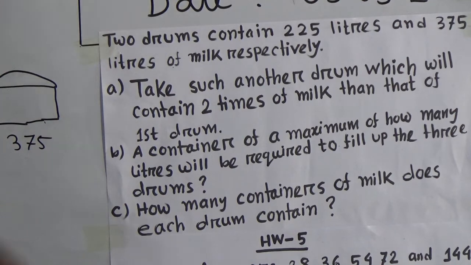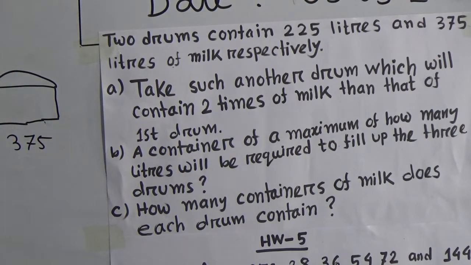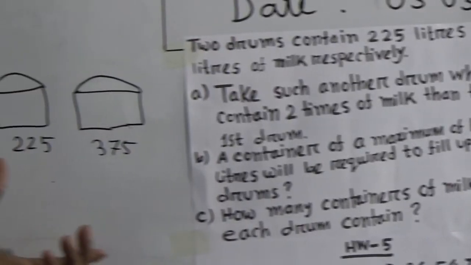Student, in the stem we have got the 2 drums, and from the question of A we have to find out the another drum. Then you have to find out such type of container so that the maximum liters will be required to fill up the 3 drums.